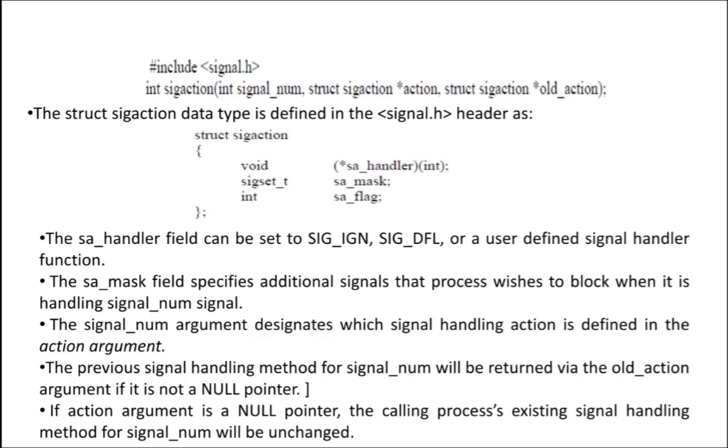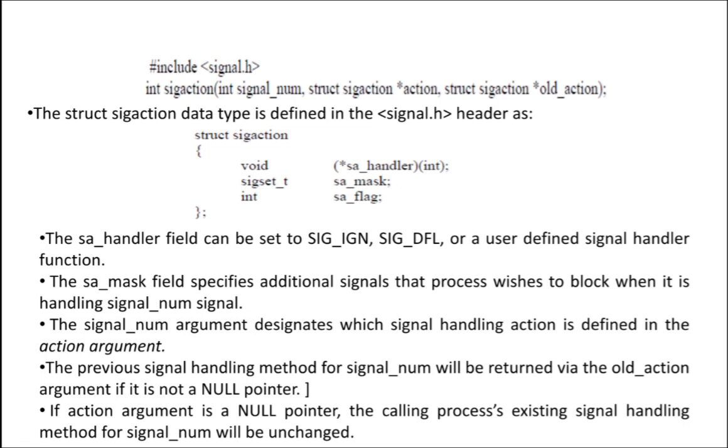So you can see the sigaction API prototype is signal number, action, old action. That means sigaction contains the handler. You can see the handler field can be set to SIG_DFL, or SIG_IGN, or a user defined signal handler function, because for every signal you have to set the handler, right? I already told you three cases are possible. A signal can be ignored, you can set the default action to the signal, or a user defined signal handler can be called, right?